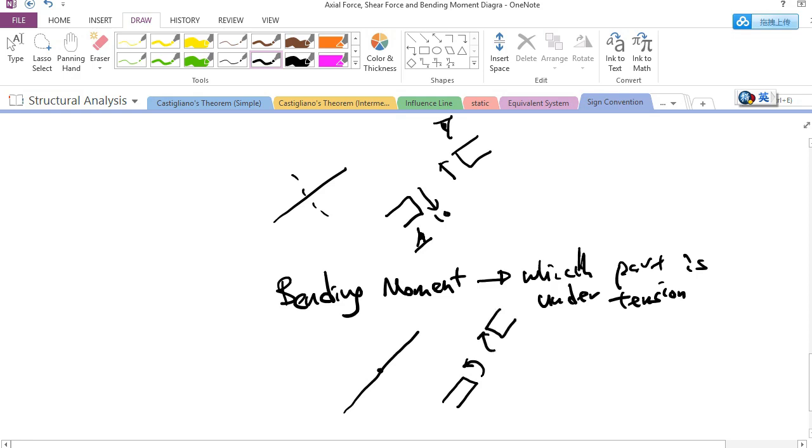If I look from this direction, I will call this positive. If I look from this direction, I will call this bending moment negative. There is no contradiction. Both of them are correct, but it depends on how we look at the beam. So that's why in civil engineering we always plot the bending moment at the tensile side.